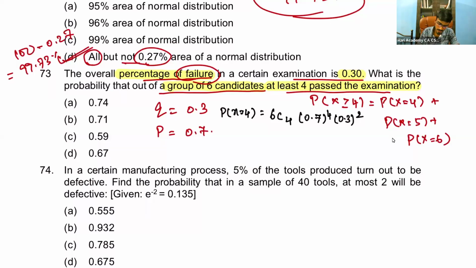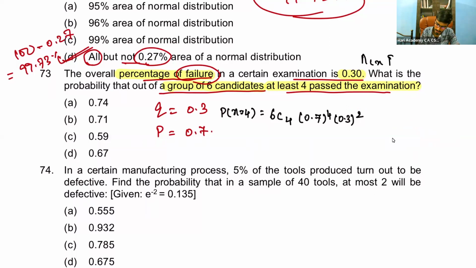This question came from binomial distribution, correct? So binomial distribution, the formula is nCx into P power x into Q power n minus x.